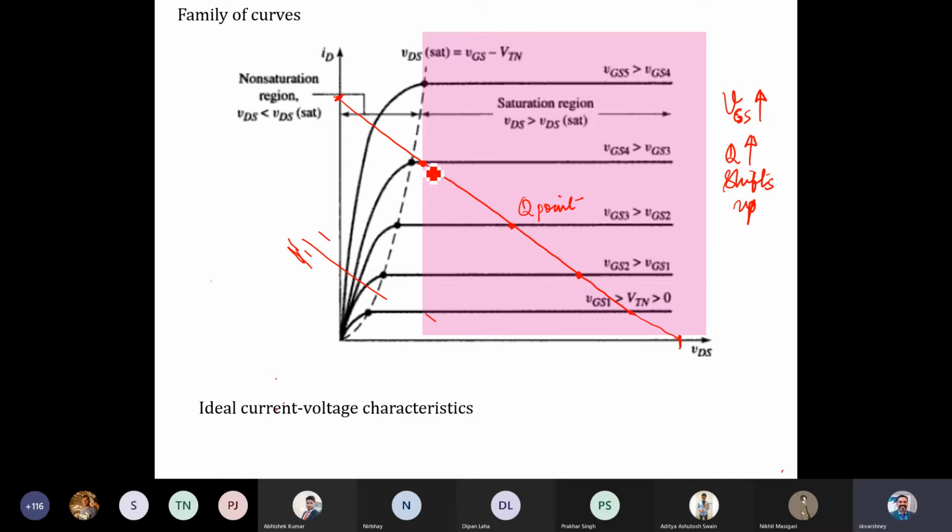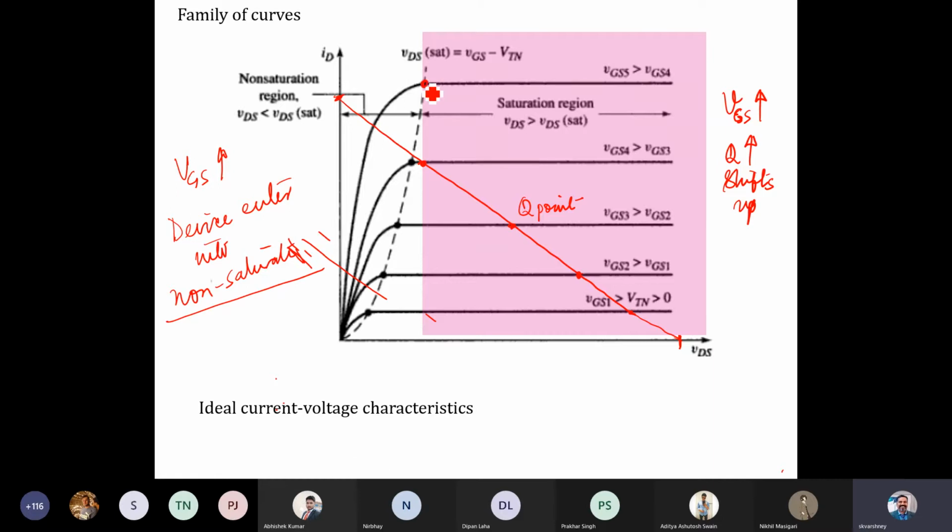It may happen that if the VGS is large, as the gate to source voltage keeps on increasing, the device may enter into the non-saturation region. So it means there exists a transition point.